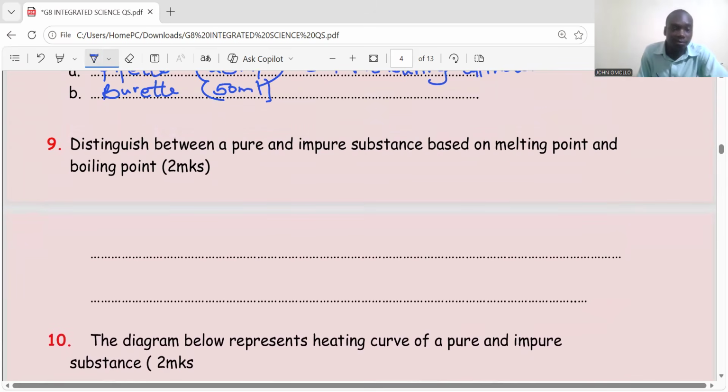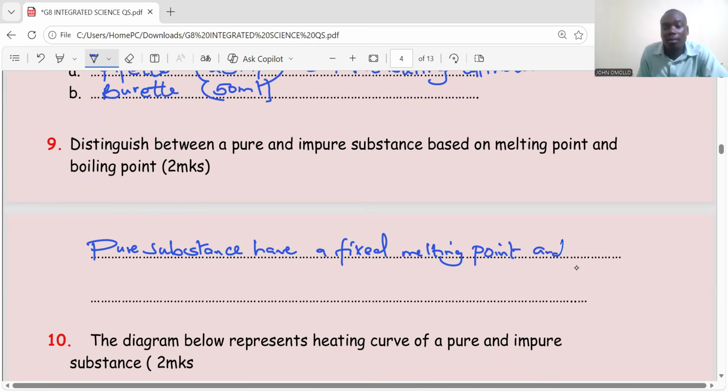Now, let's move on. Pure substances have a fixed melting point. They have a fixed melting point and boiling point. They have a fixed melting point and what?